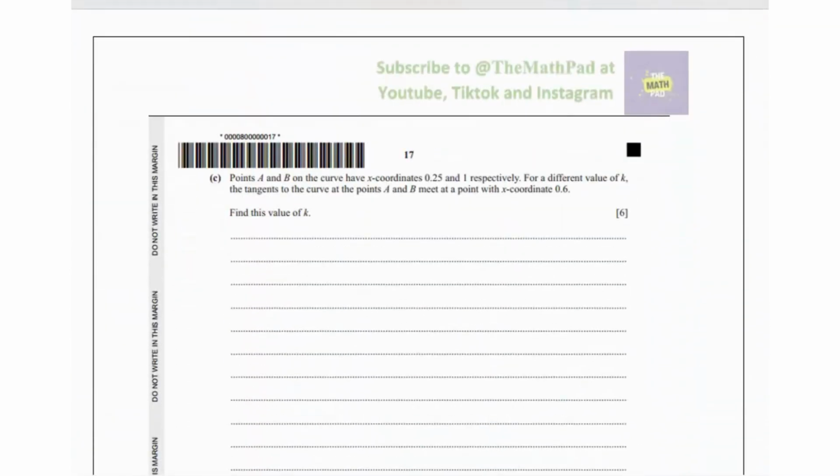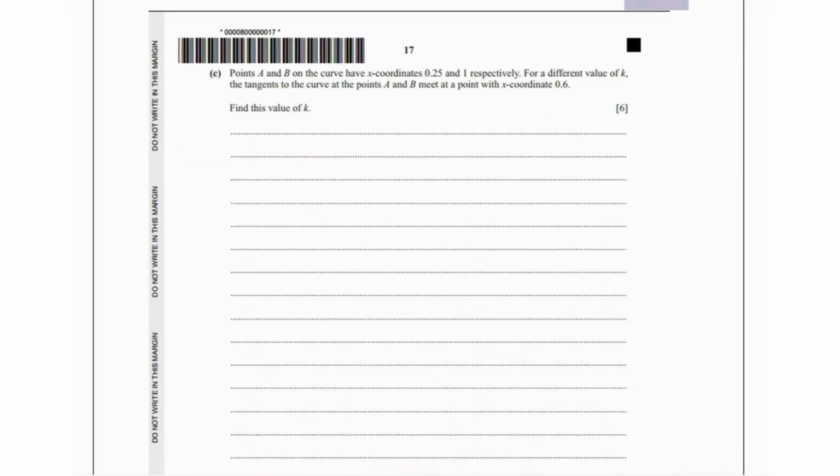Then points A and B on the curve have x coordinates 0.25 and 1 respectively. For a different value of k, the tangents to the curve at the points A and B meet at a point with x coordinate 0.6. Find the value of k. So the x coordinates for points A and B are 0.25 and 1.